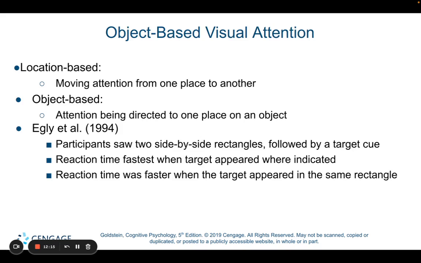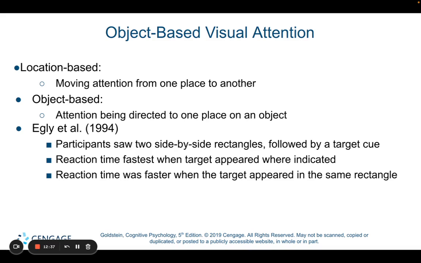Object-based visual attention involves location and objects. Location-based is moving attention from one place to another, and object-based is your attention being directed to one place on an object. In 1994, there was a study where participants saw 2 side-by-side rectangles followed by a target cue.